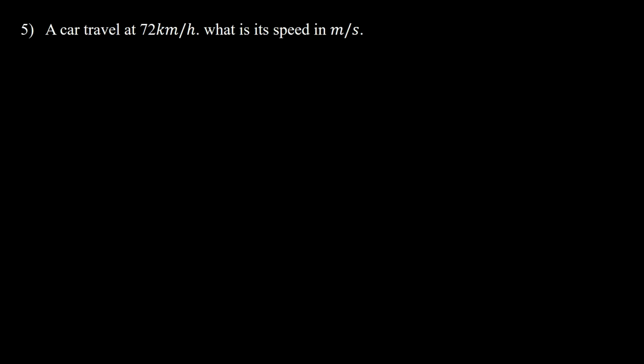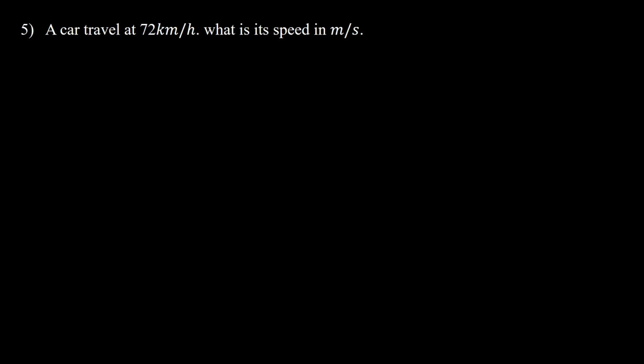A car travels at 72 kilometers per hour. What is its speed in meters per second? So the conversion factors that we need are that of a kilometer and a meter, and then a conversion factor as well for an hour and a second.